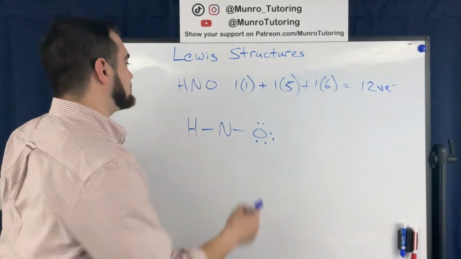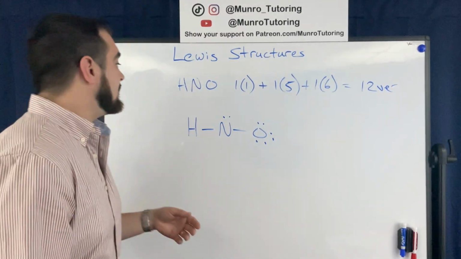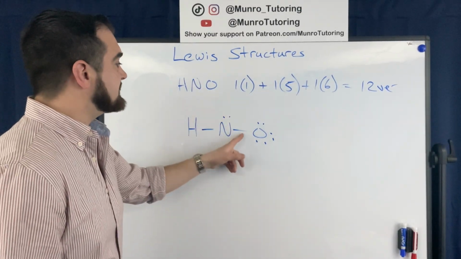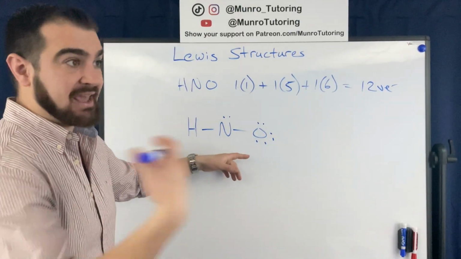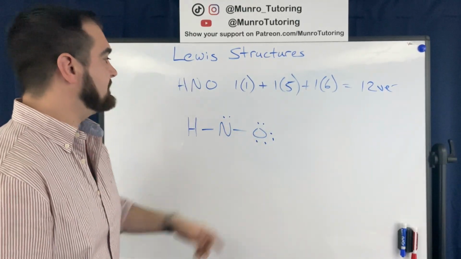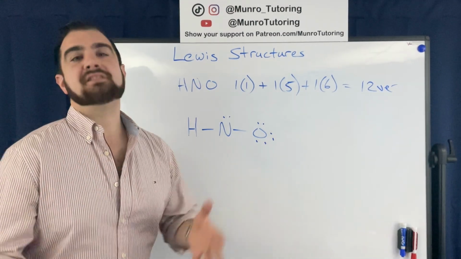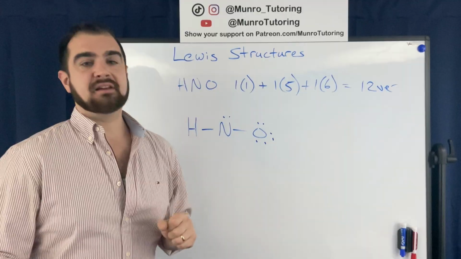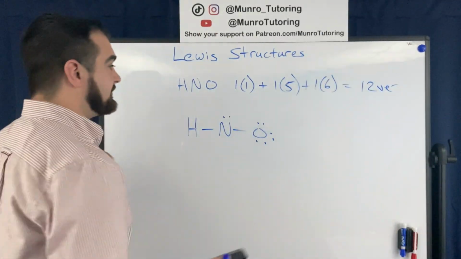Let's give them to the nitrogen now, and then see, does it have an octet? Well, it has 2, 4, 6 electrons on the nitrogen, right? The oxygen, we already gave it 8. It's 2, 4, 6, 8. The hydrogen is happy because it's got the 2, but nitrogen is not happy. It only has the 2, 4, 6. So just like we did before, we're going to take a lone pair from the oxygen.